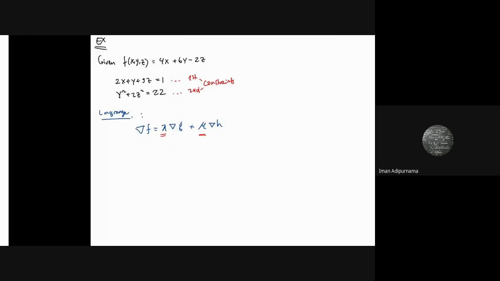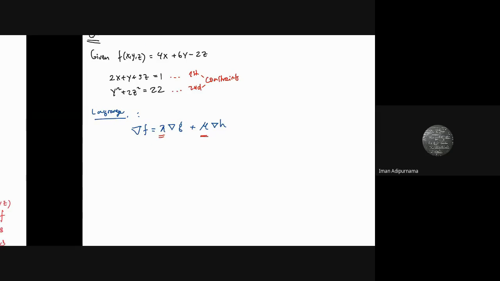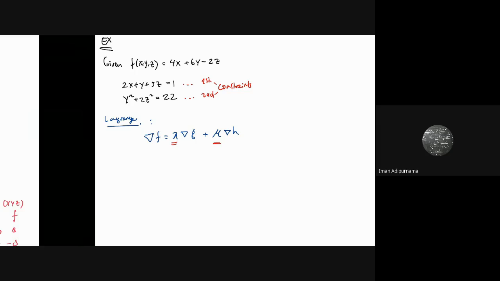So first, we need to find the relations between all these gradient vectors, f, g, and h. So we can find the fx, and find the relation to g x, and find the relation to mu h x.